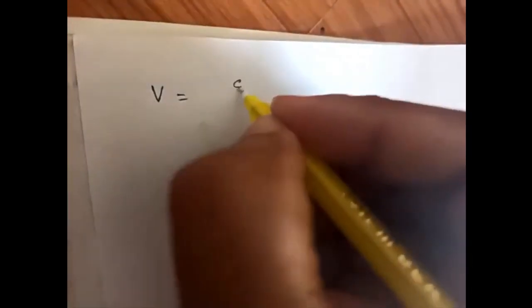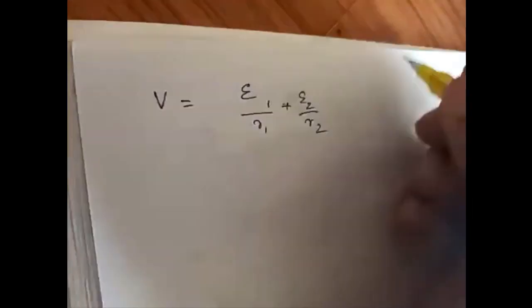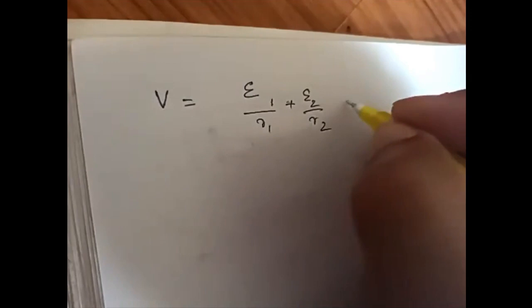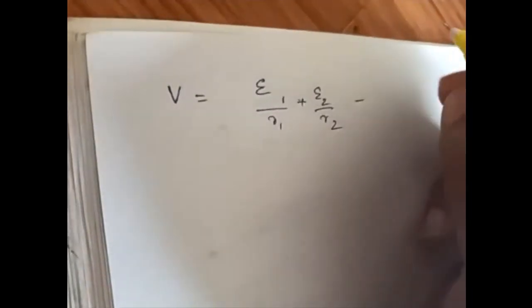Okay, from that term you can find out what V is. V will be equal to E1 by R1 plus E2 by R2 minus, what was there?